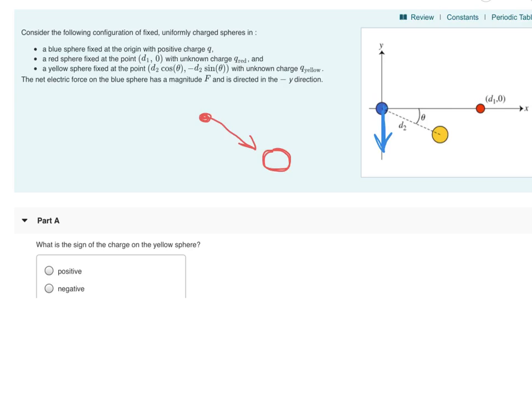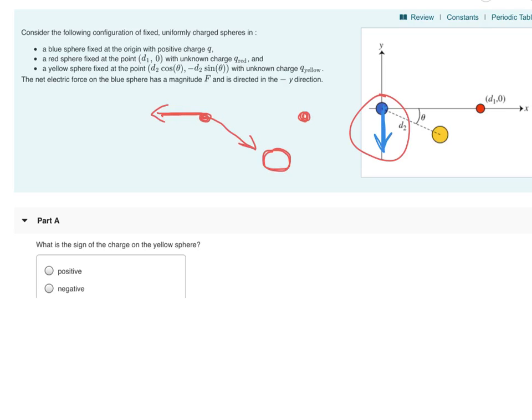I drew that a little bit too long, so let me get rid of that and draw it an appropriate length, about that long. The only way that you'll have a net force in the negative y direction on the blue sphere is to have an attraction to the yellow and a repulsion from the red. If that's the blue, that's the yellow, you've got a repulsion from the red sphere.